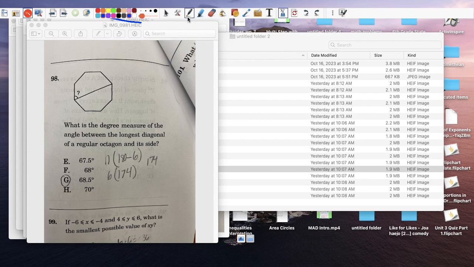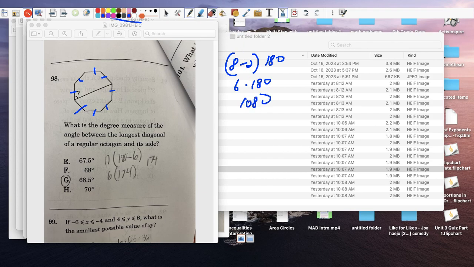Knowing that, right? So the other thing we know is that this angle measures 135. So let's go back a little bit. So in the original figure, right, it has 1, 2, 3, 4, 5, 6, 7, it's an octagon. So if you did 8 minus 2 times 180, you get 6 times 180, which is 1080.